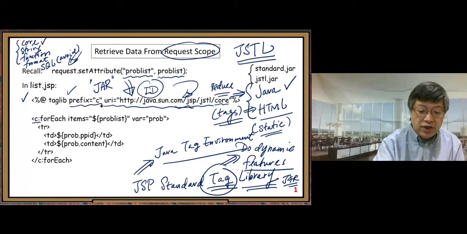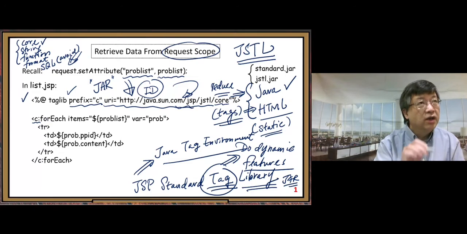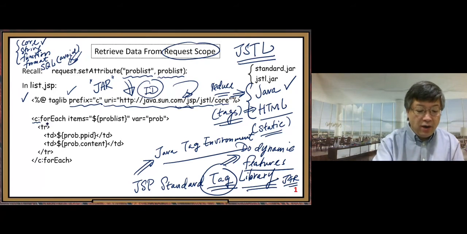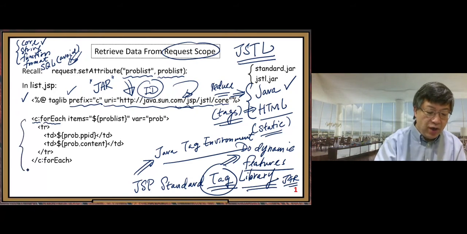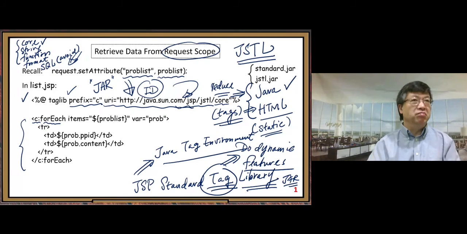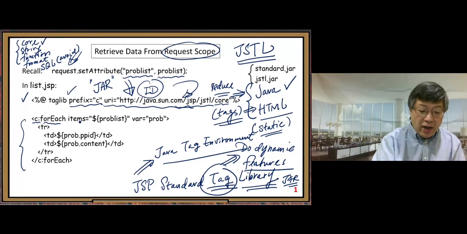So prefix c, then when you need to refer to JSTL tags, you use the c prefix, colon, then the tag name. Here, we use the forEach loop. So you know how to use the Java for each loop, but here the format we need to change.